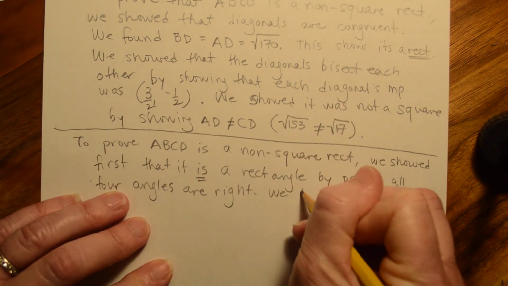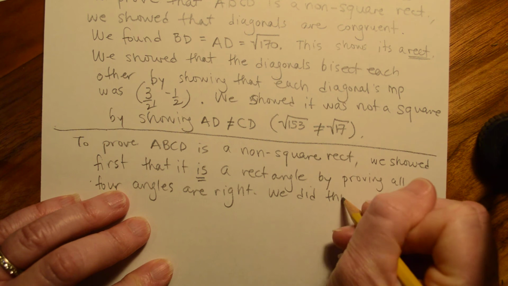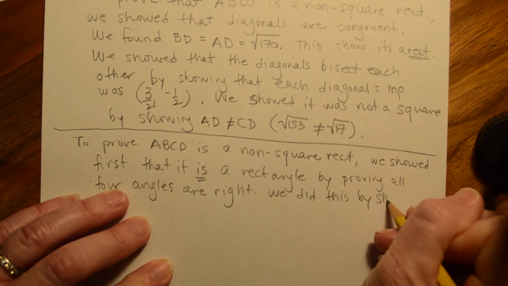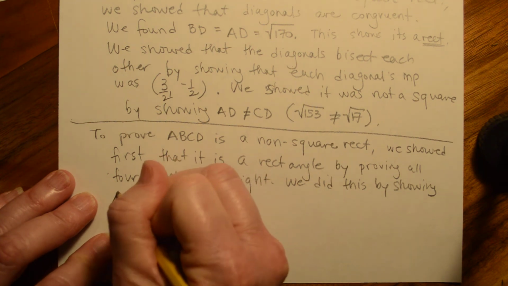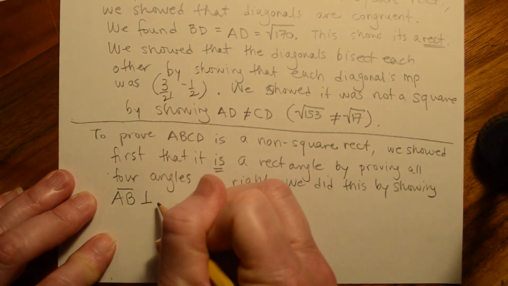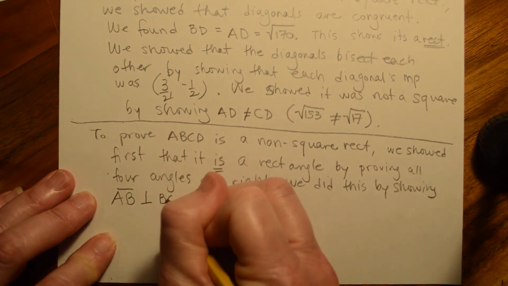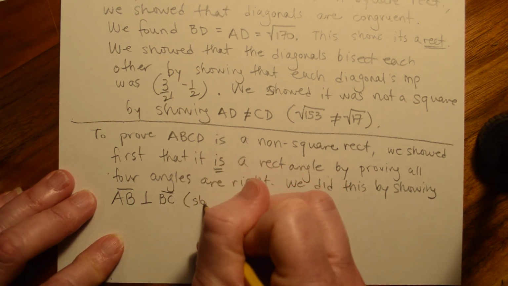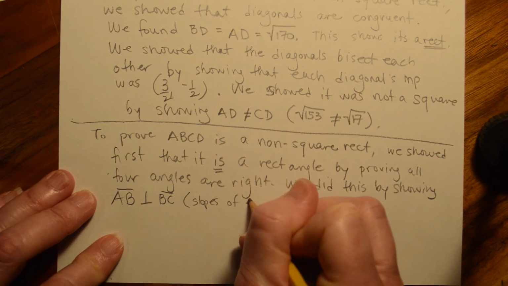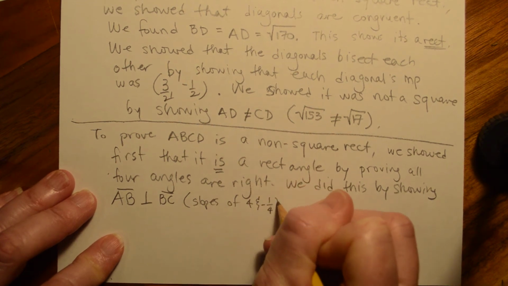We did this by showing AB is perpendicular to BC. This was slopes of 4 and negative 1/4.